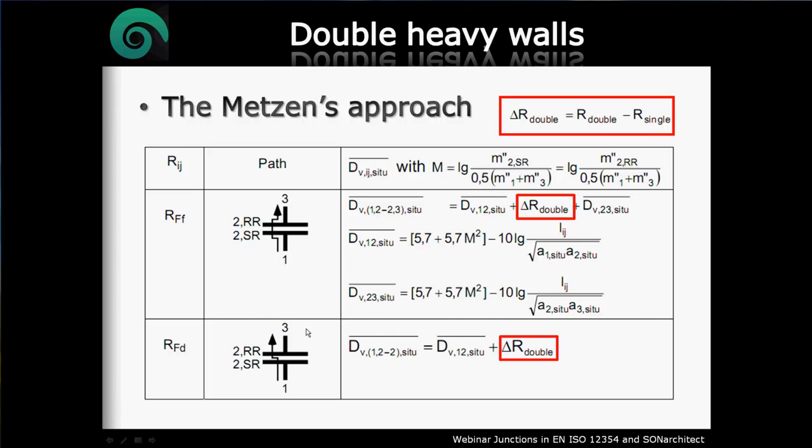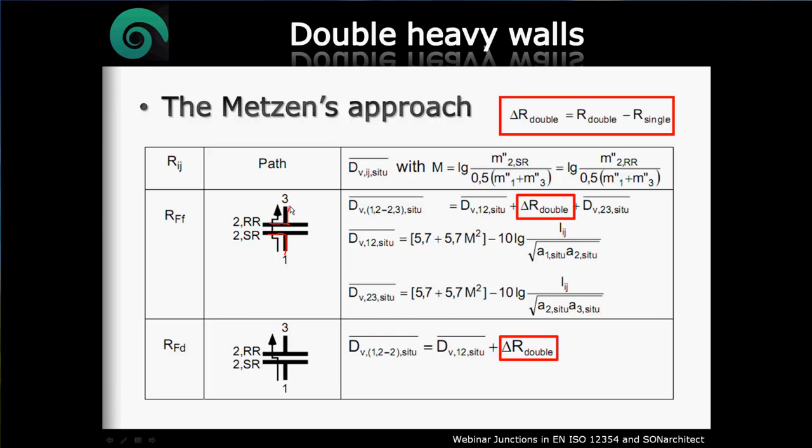I mean, when you are using the Nexen approach, you need to calculate these vibration reduction indexes or the vibrational difference level between these sub-elements of the double heavy wall.